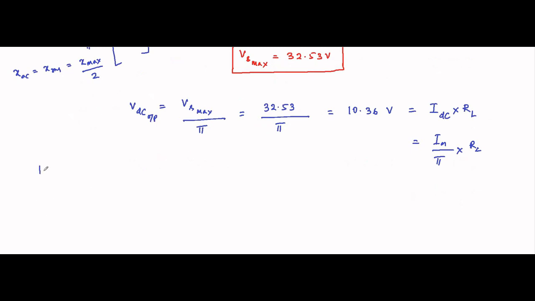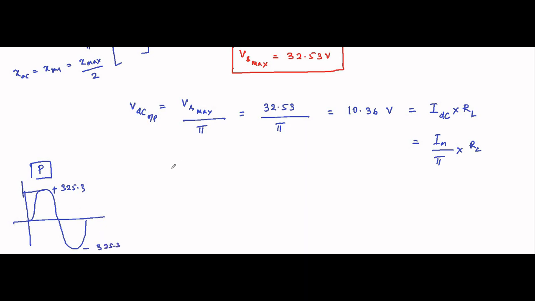Across the primary winding, the sinusoidal AC is like this, with peak value plus 325.3 and minus 325.3.